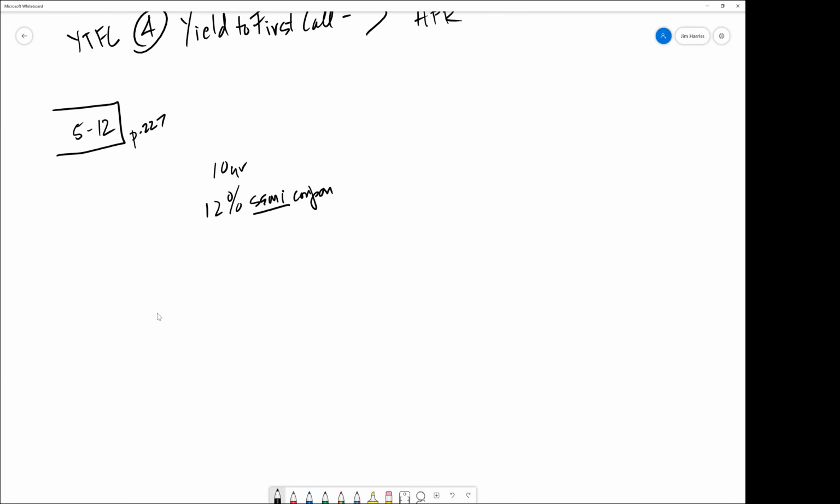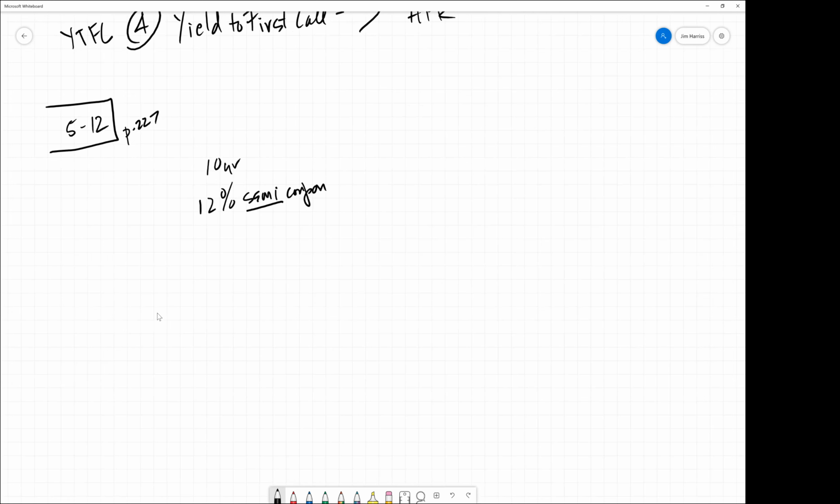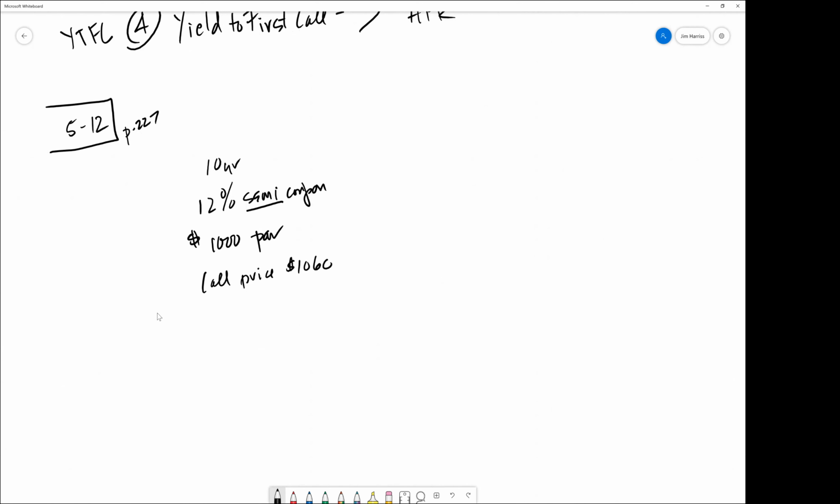And it's got a par, $1,000 par. And let's see. And it's got a call price of $1,060. I'll explain that in just a second.